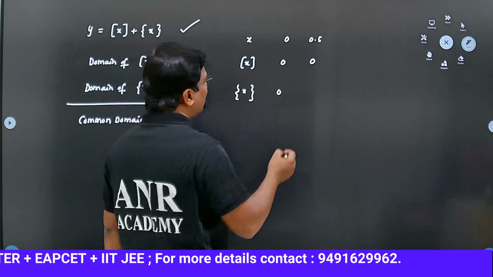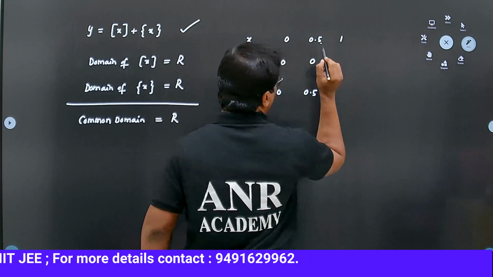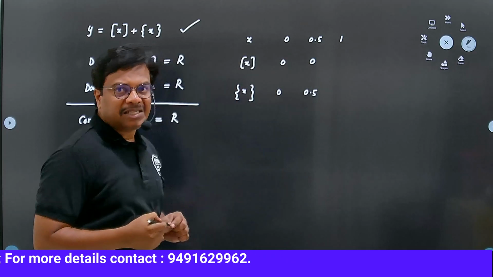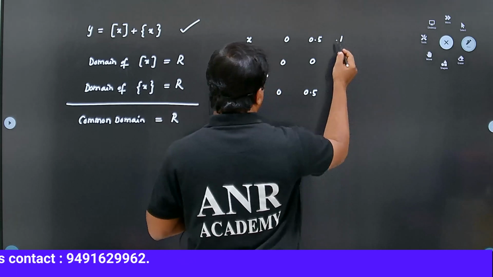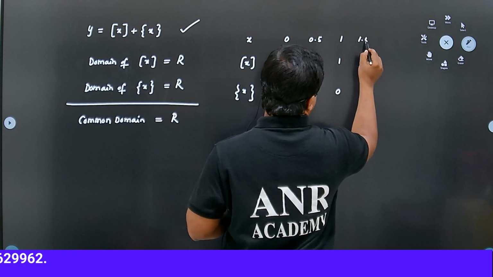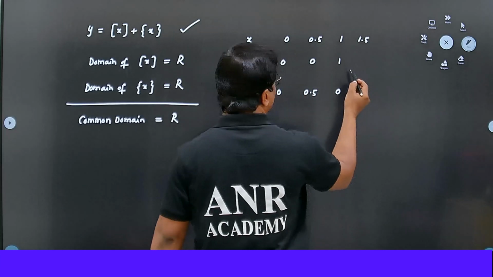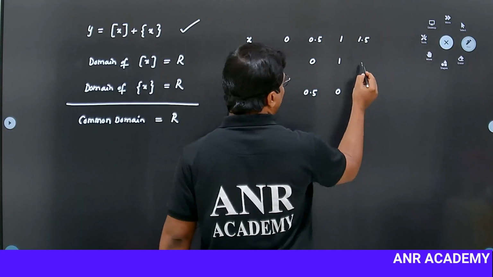Next, the fractional part of 0.5 is the same 0.5. If you put input 1, the greatest integer of 1 is 1 since it is an integer itself, and the fractional part of 1 is 0. Next, if you put input 1.5, the fractional part is 0.5 and the greatest integer to the left of 1.5 is again 1.